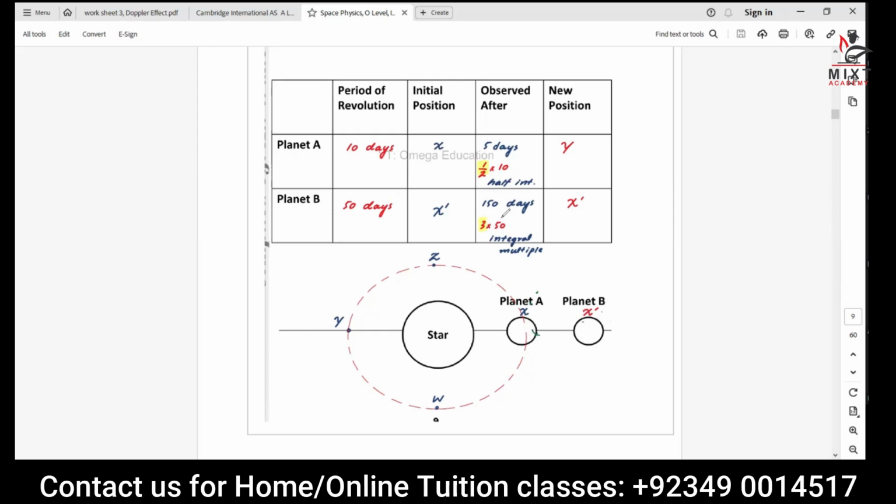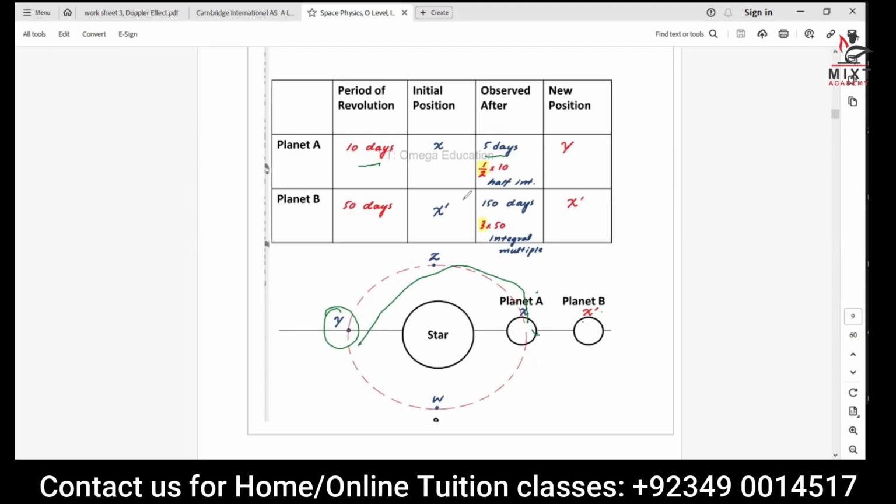After that, I am going to show you. Planet A takes 10 days, so after 5 days, it will complete half a revolution. Planet A will complete half a revolution, so it reaches this point, X, Y, Z, right?